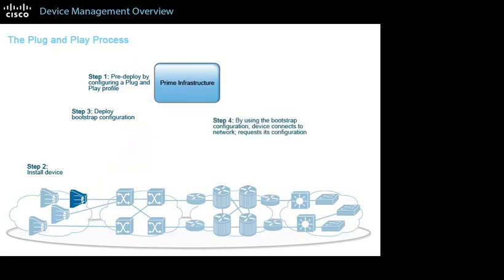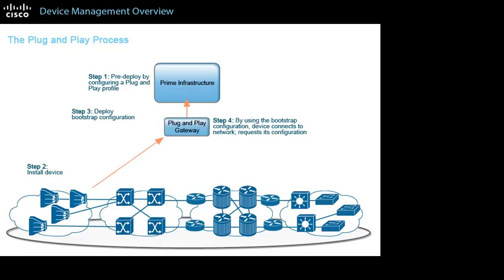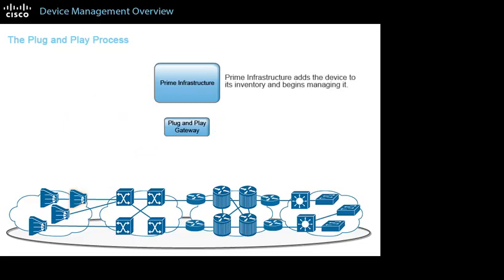By using the bootstrap configuration, the device connects to the network and requests its configuration through the plug-and-play gateway. Step 5. The system then provides the configuration based on the technology. Step 6. The configuration is loaded on the device. At this point, Prime Infrastructure adds the device to its inventory and begins managing it.